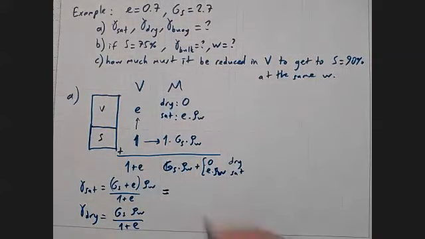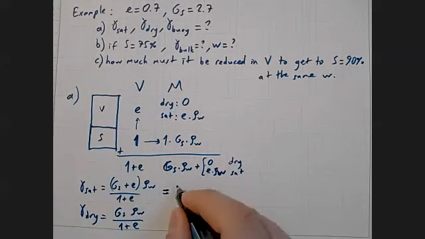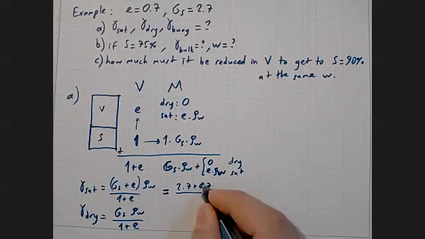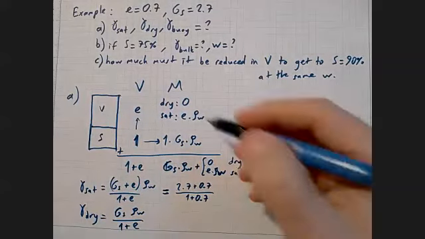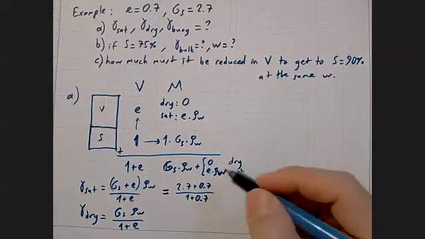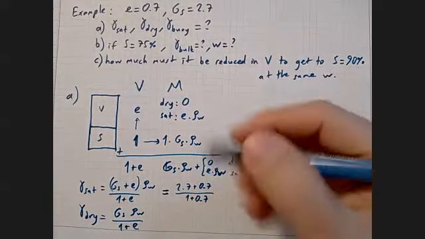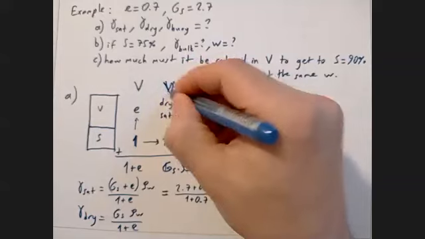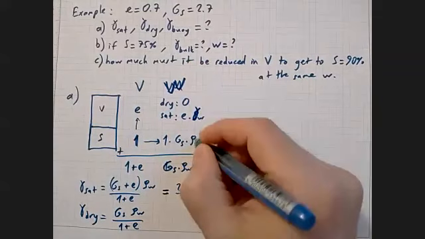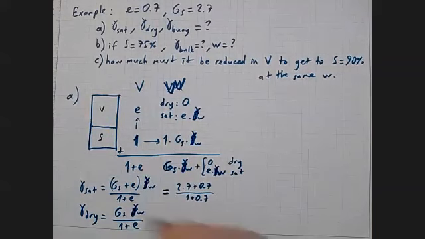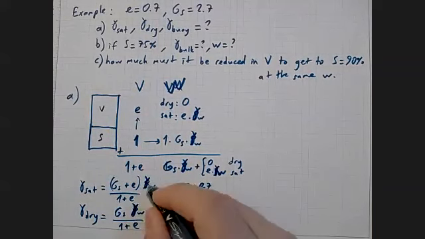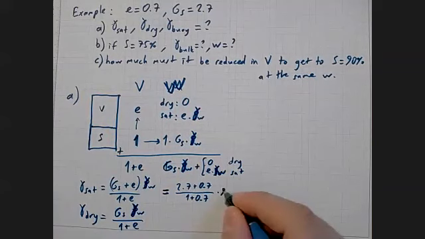Anyway, so let's quickly calculate this. 2.7 plus 0.7 over 1 plus 0.7. Sorry, these are masses, so I need to calculate them in terms of weights. So let's make this weight, and these should be unit weights, times 9.8.